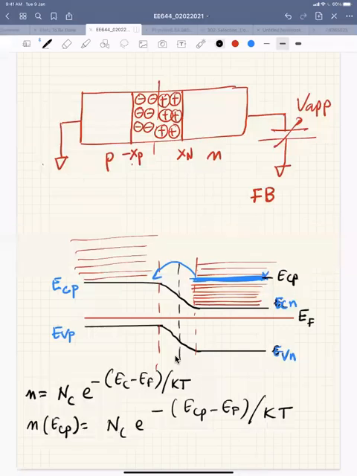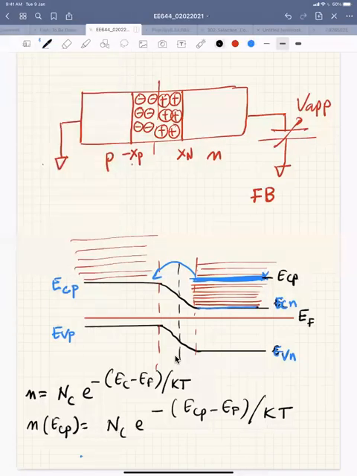So if we have electrons here at the bottom of the conduction band, we also discussed that the concentration of electrons will reduce exponentially.